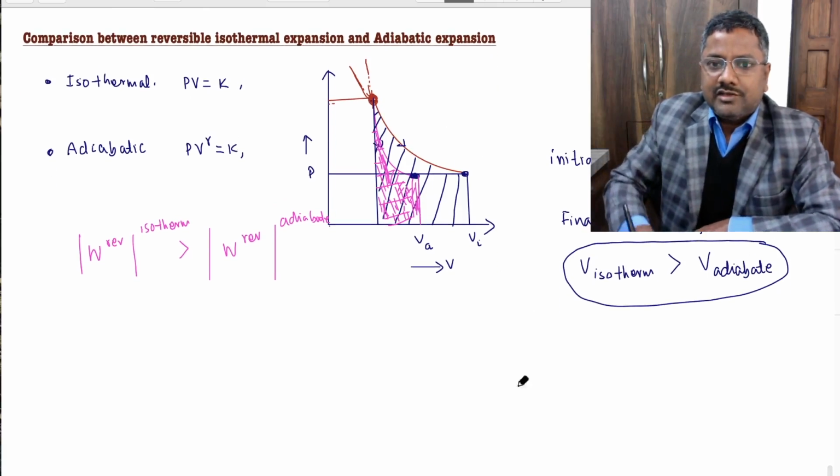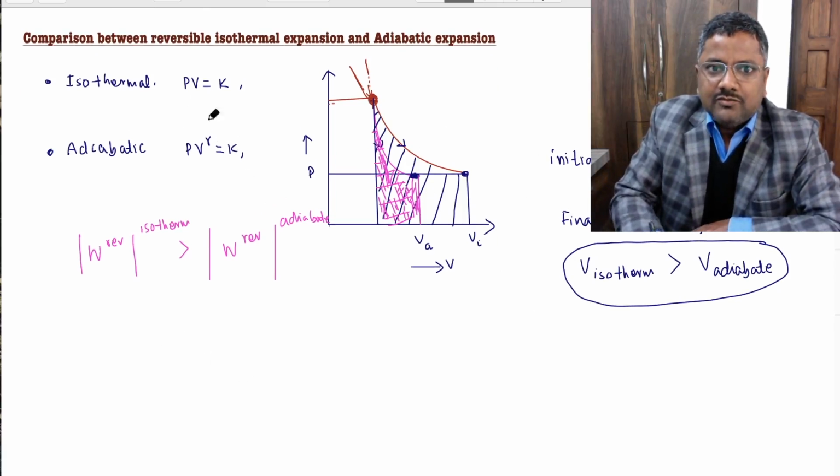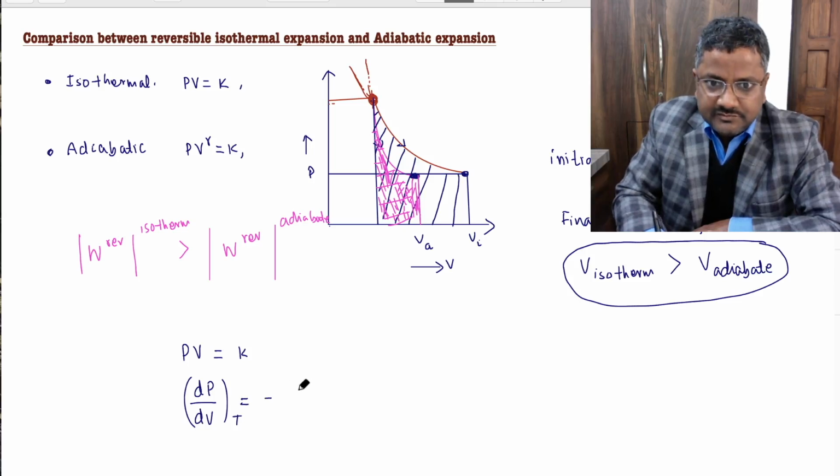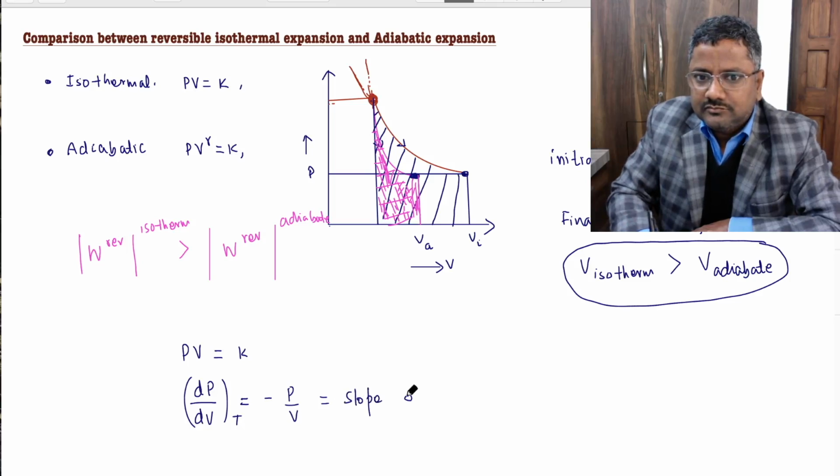Now see what the relation between their slopes is. All of you know that for an isotherm, PV is equal to K. So dP by dV at constant T is equal to minus P by V, which is the slope of the isotherm.